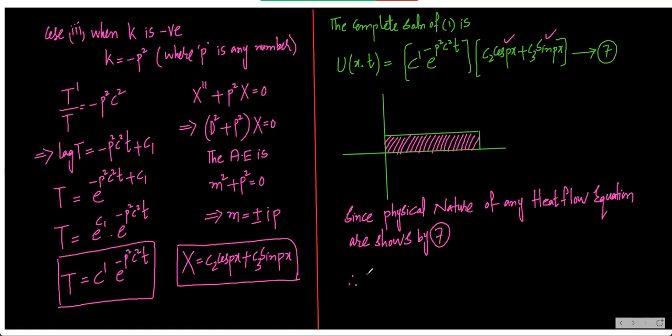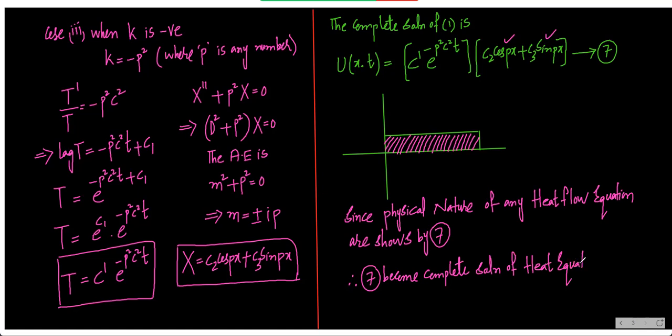Therefore, equation number 7 becomes the complete solution of the heat equation.